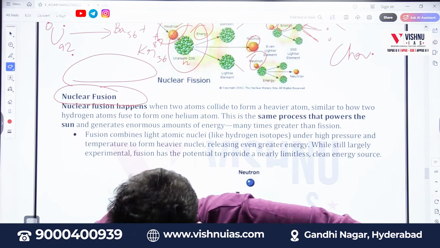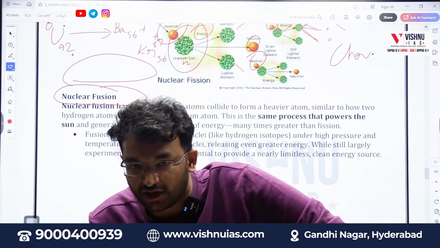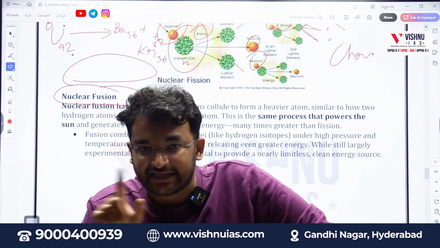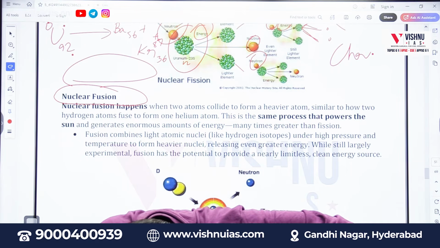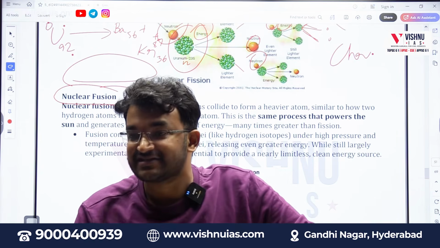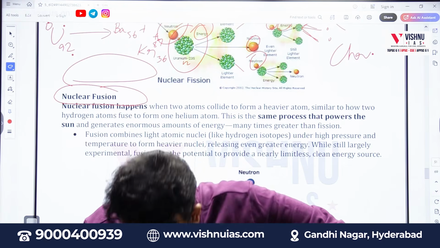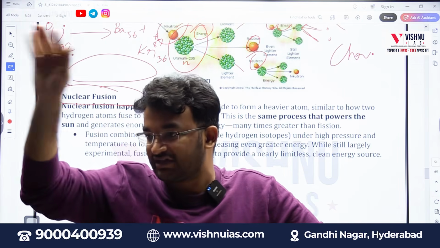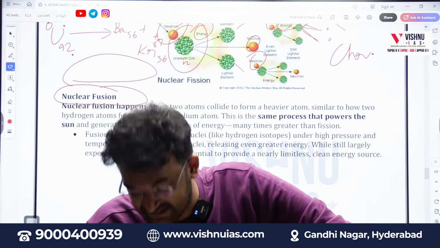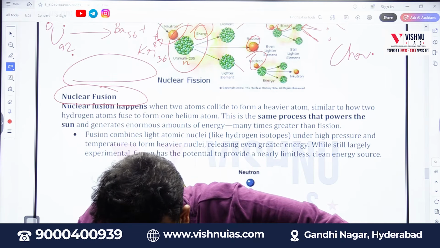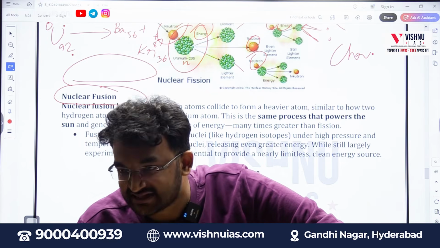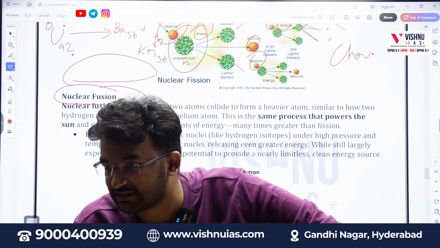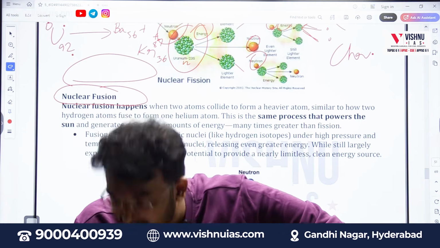Plutonium 239 hits with a neutron, basically a neutron strikes it, and gives rise to zirconium 103, Zr 103. I am telling only the mass. Zirconium 103 plus xenon 134, Xe 134, plus 3 neutrons plus energy.